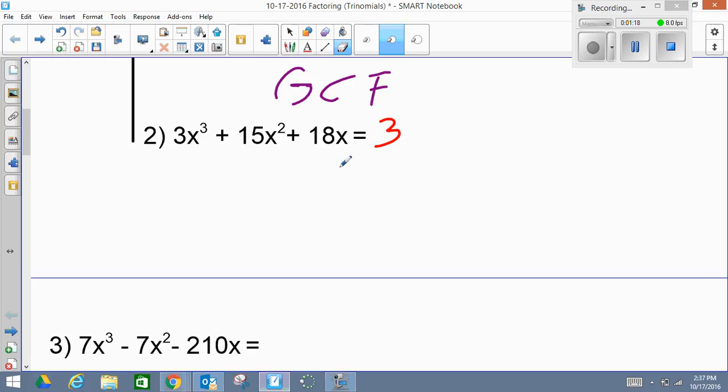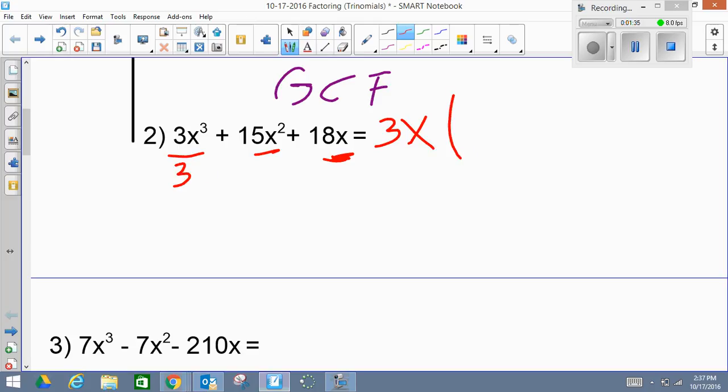Now, between the variables, the x is my common factor because the x is here, is there, but it has the lowest exponent right here, so x is my common factor. Nothing else, so now I'm going to open my parentheses and divide every term by 3x. My first term divided by 3x: the 3's cancel, x cubed divided by x is x to the second power.